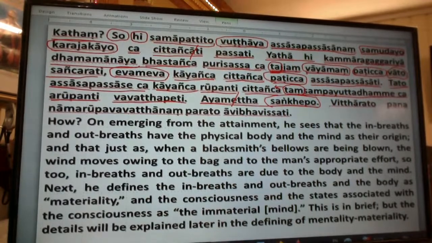Vittharo is the detail. The detail is namarupa vavatthana, which we call a later awi bhavisati, awi bhavisati. Awi means clearly, bhavisati means will happen.